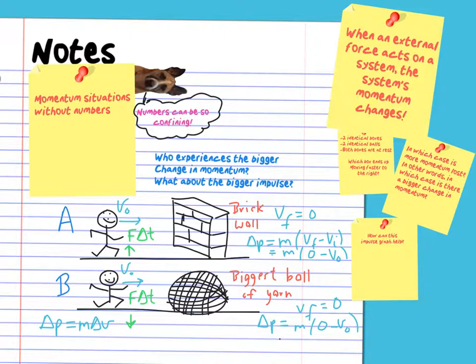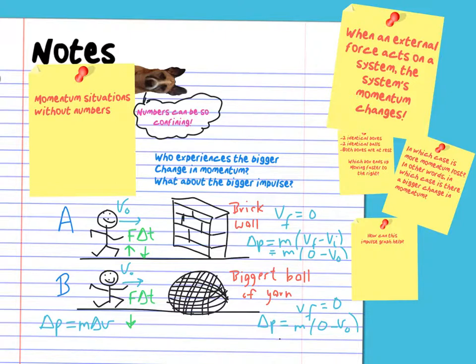Well, if we're multiplying a bigger number by delta t, and we have to get the same number as a smaller force times delta t, this would mean that our collision time is smaller here, which means that it is stopped very quickly. And that means you are going to get hurt more.